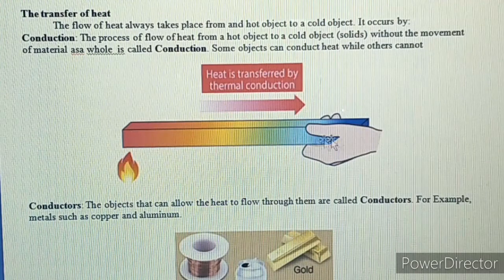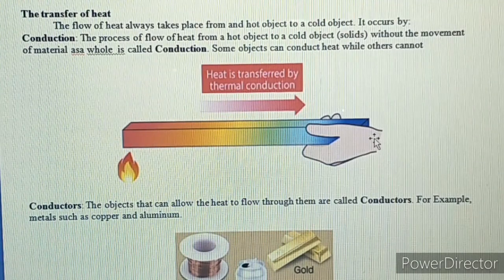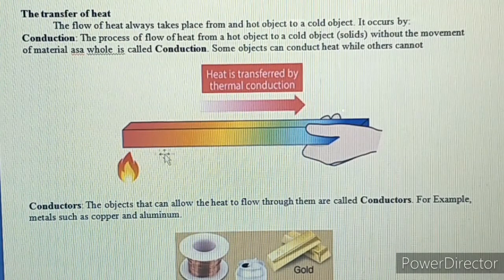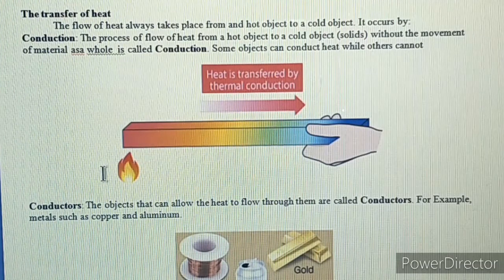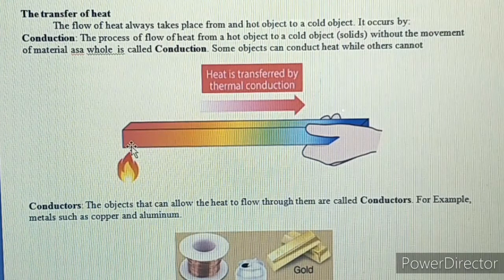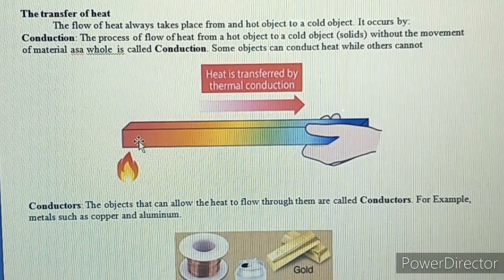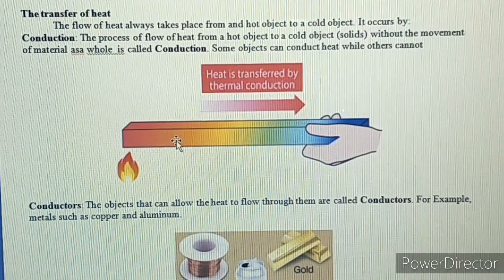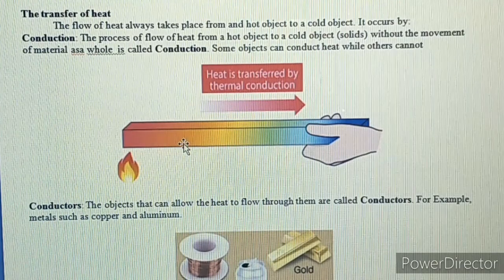So here the diagram is given. When we heat a steel rod or iron rod from one side, slowly we will see that red color. This portion will heat first, then slowly the particles will vibrate inside that solid because they are very closely packed.